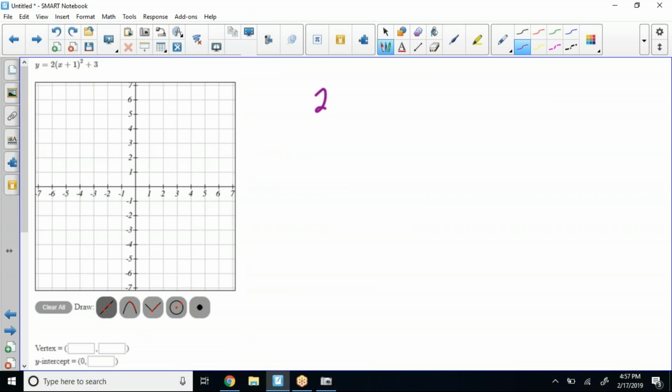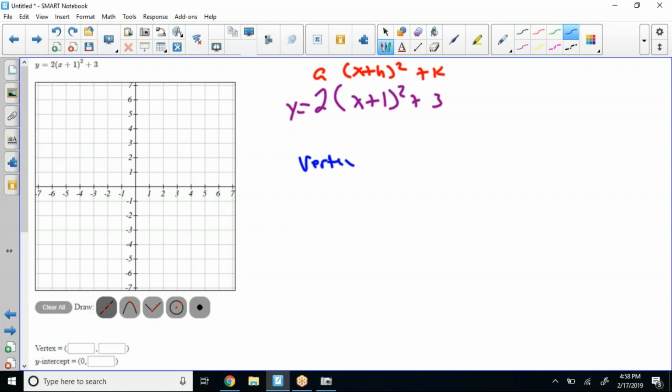So we've got 2(x + 1) squared plus 3, so y equals that. And if you think about it, it's a(x - h) squared plus k. We want the vertex, right? And the vertex happens to be (h, k). When we pull out the h value, you know it has to change signs, and then the k value is exactly what you have.